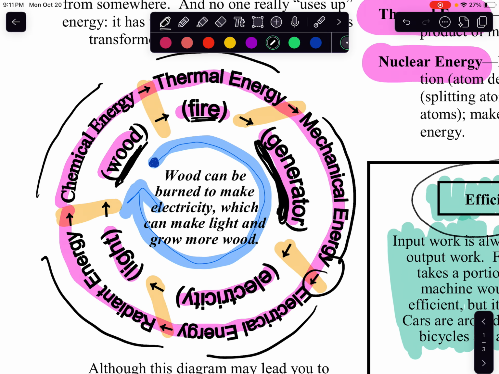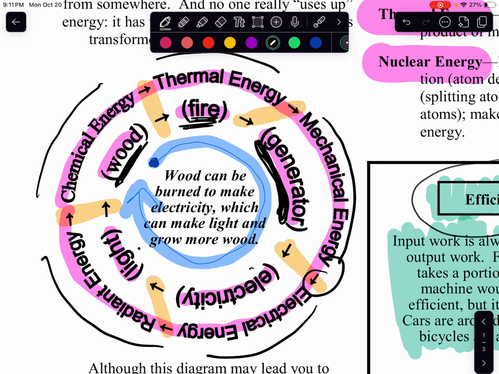I can take the chemical energy in wood, burn it, heat it up via fire, and then I'm turning my chemical energy into thermal energy. Taking that thermal energy, maybe using it in a generator or some other machine that would require something burning, like wood, or another fuel. And then again, round and round. That generator can make electricity. The electricity can make lights come on.